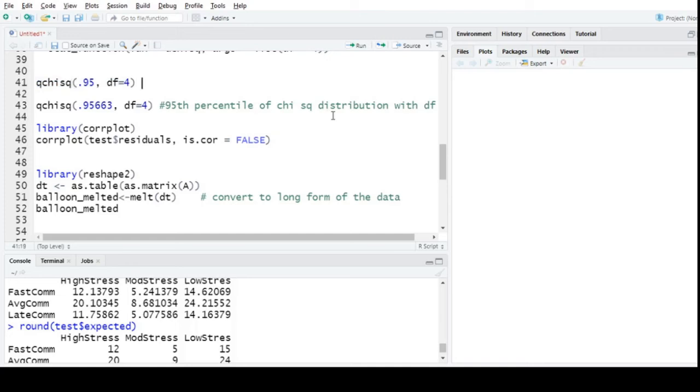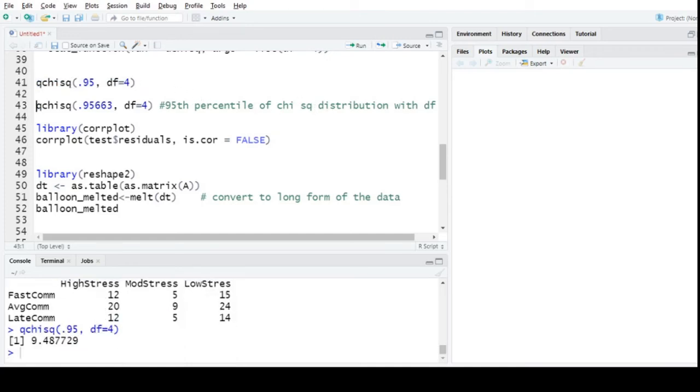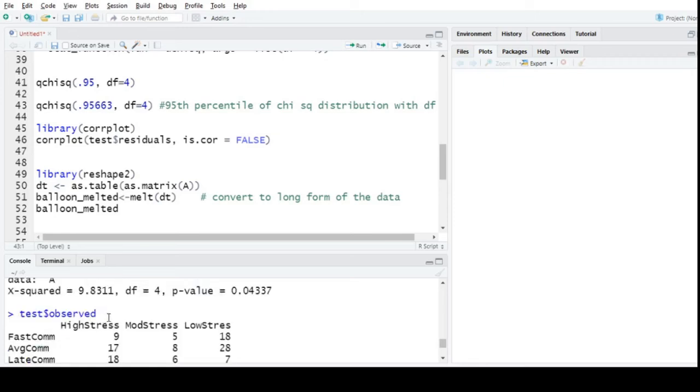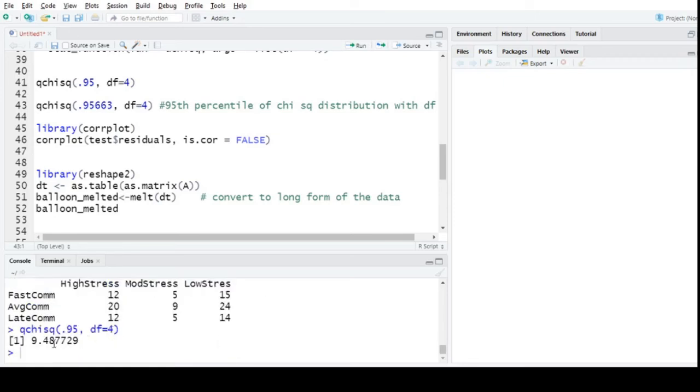This is what is the expected value. So the expected value of chi-square is 9.487729, and our value which is coming is 9.8311. So the expected value is 9.49. You can also see this in a chi-square distribution chart for a particular degree of freedom.